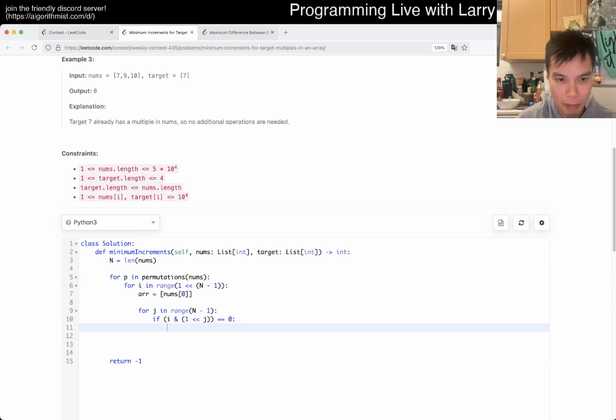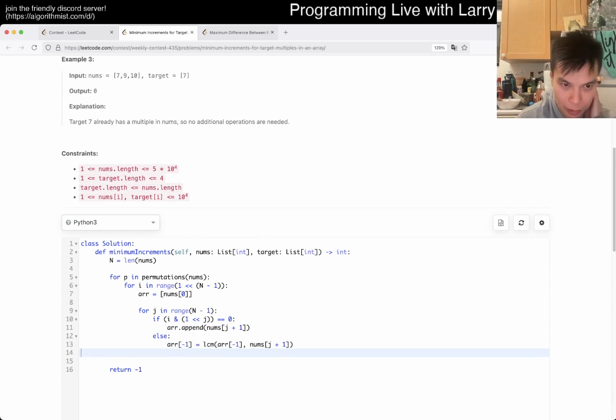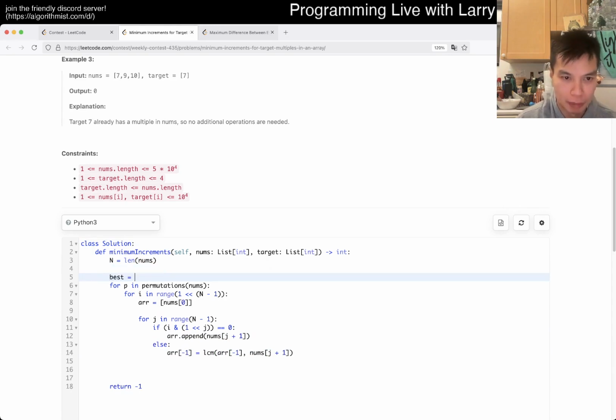Then we want to append a new number, +1, else we say it is equal to LCM of the previous number and this new number, and then that will give us all brute force things. And then now, okay, so we have a best is equal to minimum, right? So infinity.